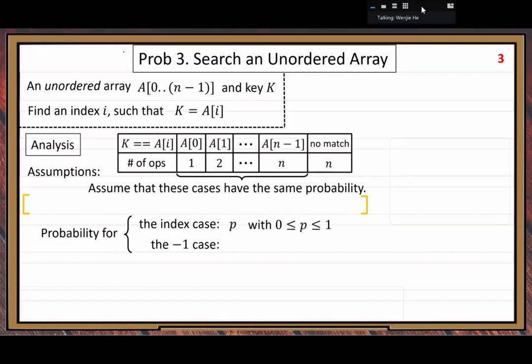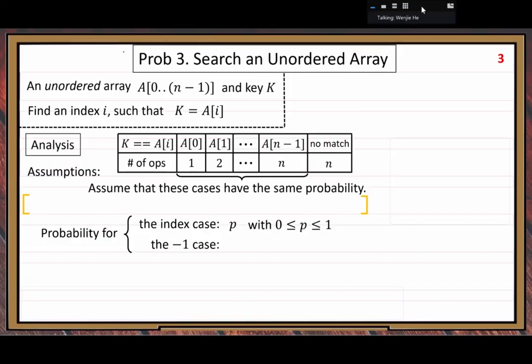The probability number must be between 0 and 1. Probability concept and the basic properties, you can see from discrete math.